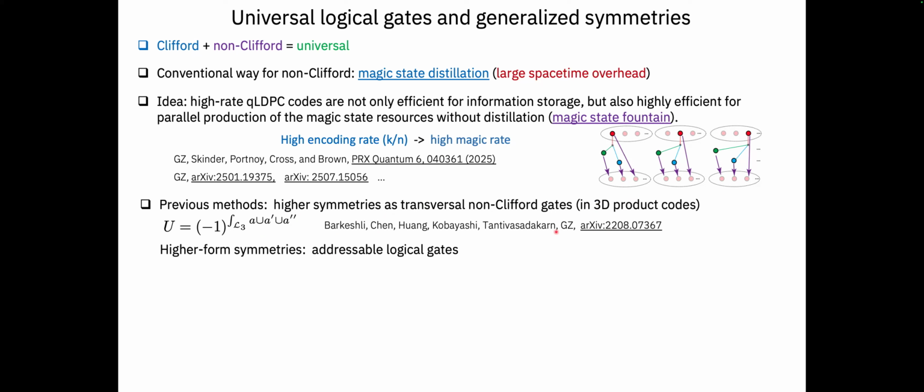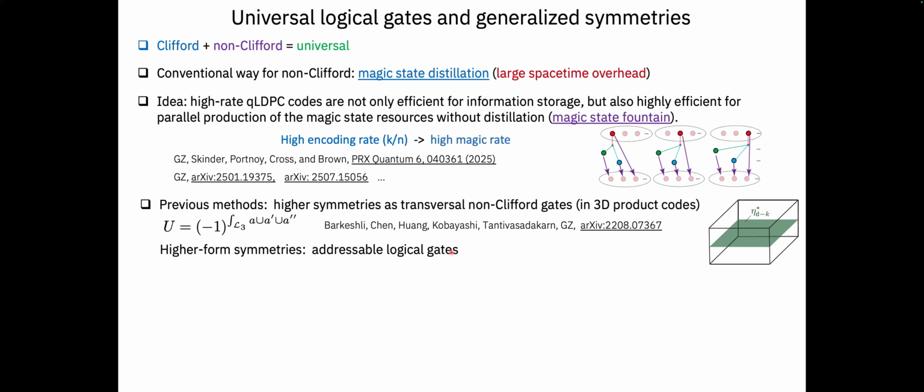Along this framework, there's another notion, which is the higher form symmetry. In this case, it corresponds to an addressable logical gate. One of the problems in quantum LDPC codes is that a single code block can encode many logical qubits. But if you apply some symmetry operator, say a zero form global symmetry, then it will act on all of the logical qubits. So it cannot address some targeted number of logical qubits.